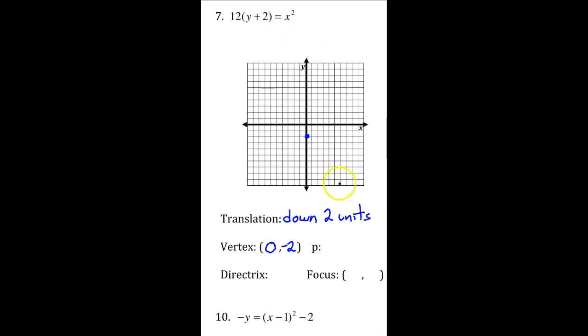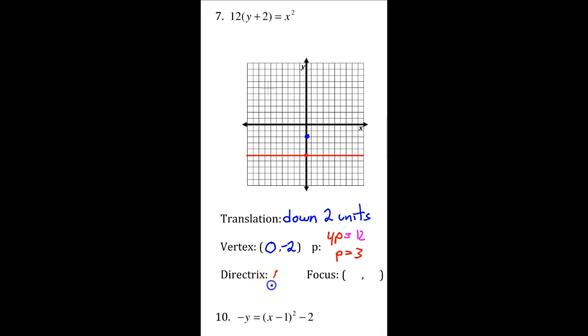Find that p-value. So same as number 6, it's going to be equal to 12. So our p-value again is 3. But it's opening up, so that means the directrix is below. 1, 2, 3 this time. So we'll subtract 3 from our vertex to get this equation, using a straight edge.